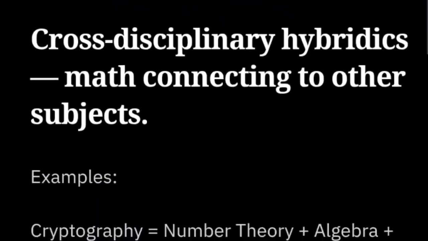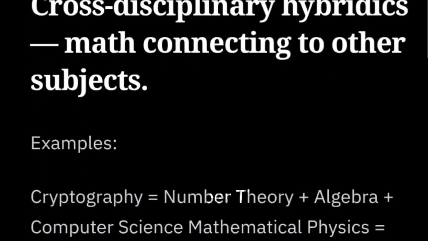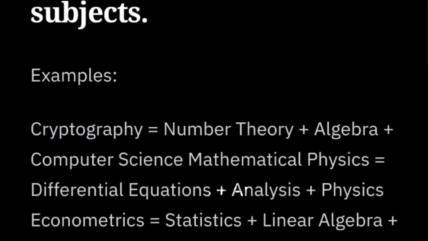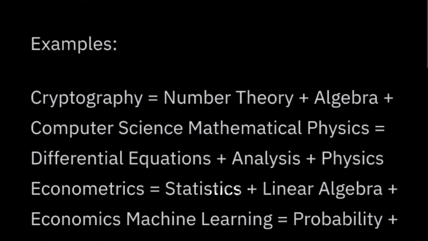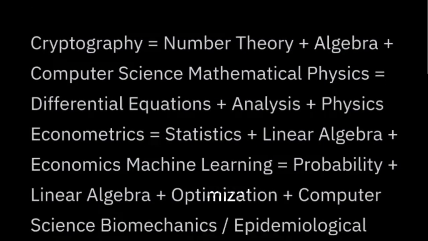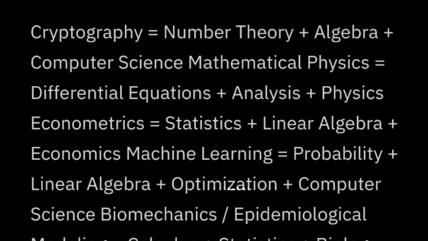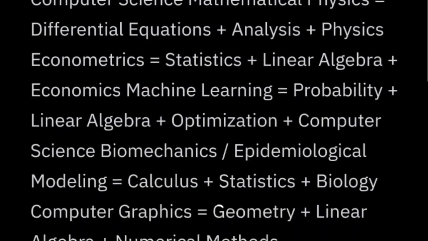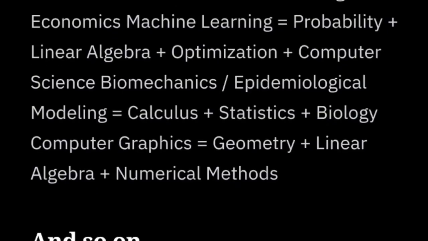Examples: cryptography, number theory plus algebra plus computer science; machine learning, probability plus linear algebra plus optimization plus computer science; computer graphics, geometry plus linear algebra plus numerical methods, and so on.